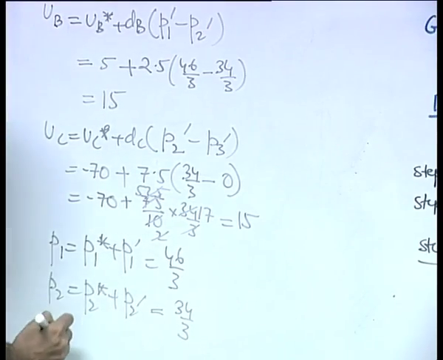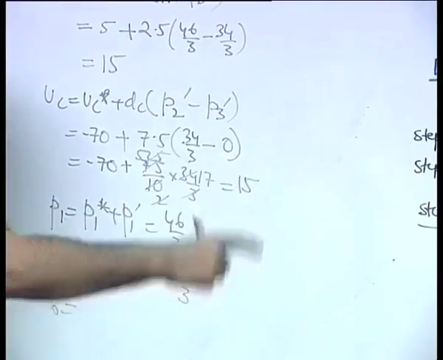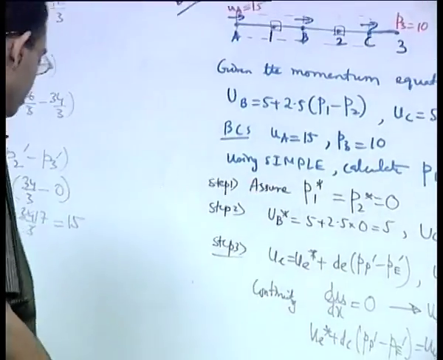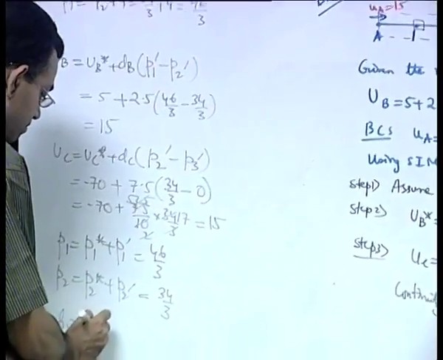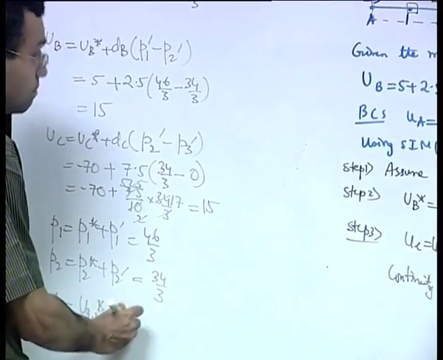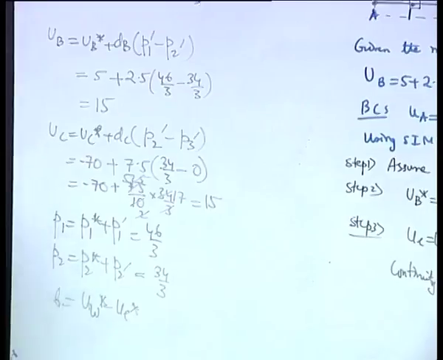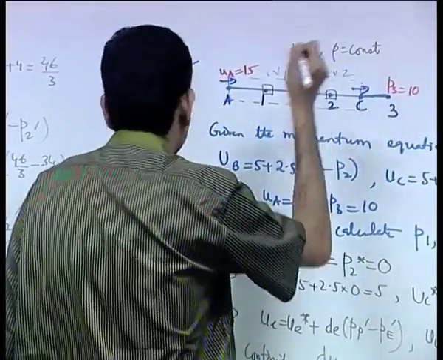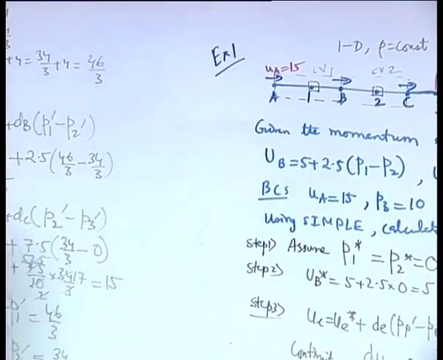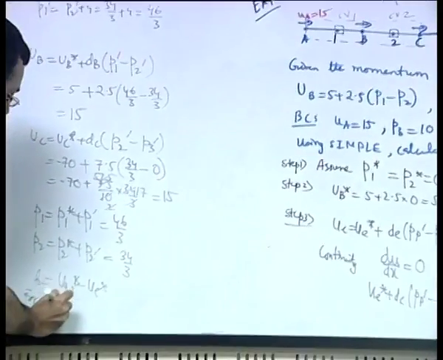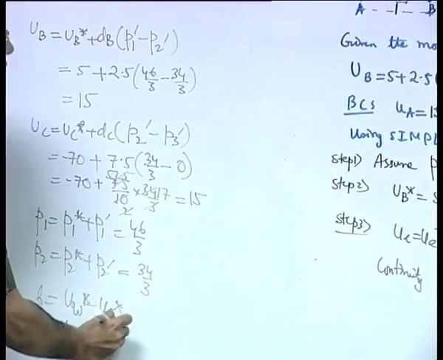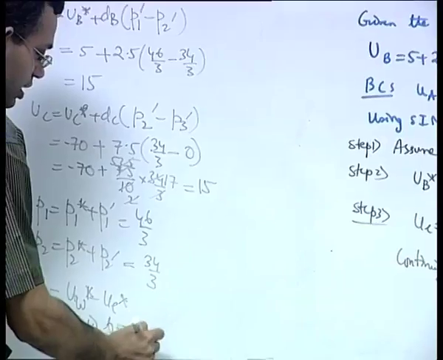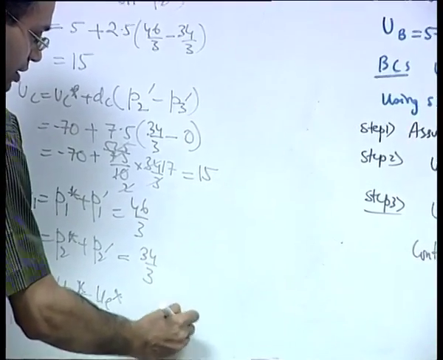And what is B? B in the momentum equation was UW star minus UV star. So, there are two control volumes. For control volume 1, B is equal to UA star minus UB star, which is equal to 0.